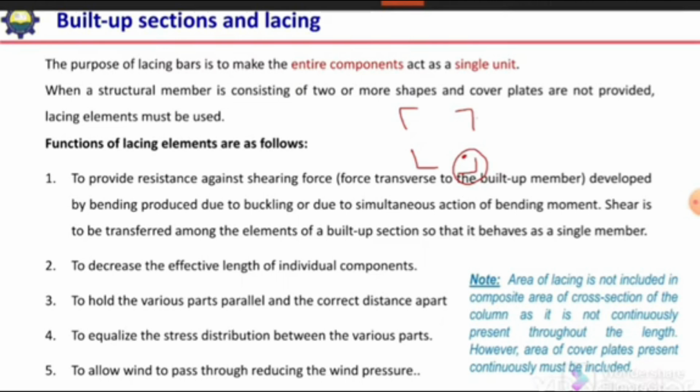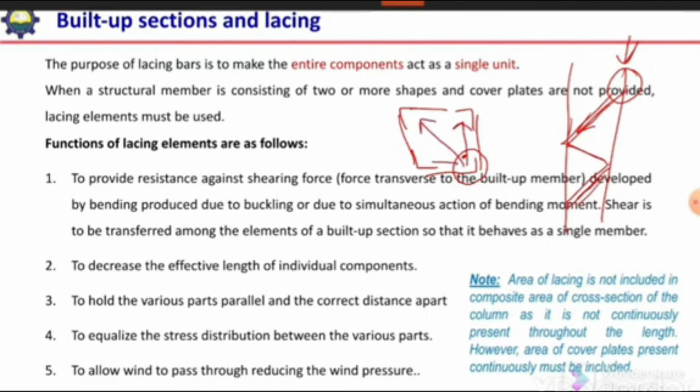If we don't use lacing elements or tie plates, this member will be continuously stressed with the larger value and the other members will remain unstressed or under-stressed. When we use these lacing elements, if the stress is more in this member, it will be transferred to the second member with the help of this lacing. Similarly, at later stages, the stress will be transferred from this element to the other elements because of the lacings.